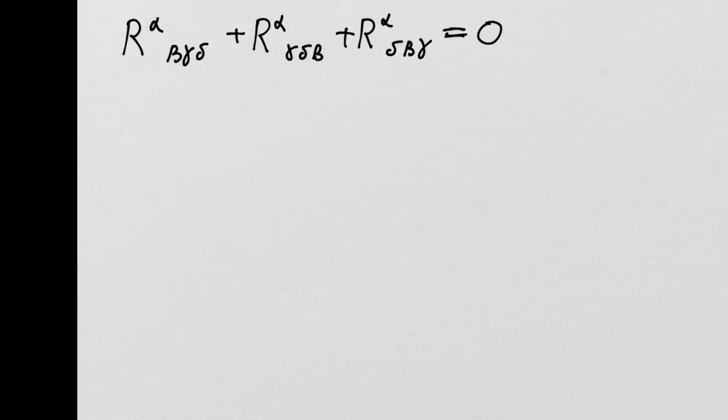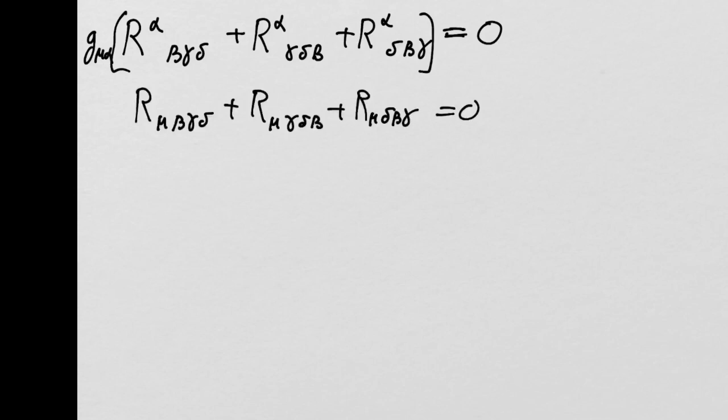And now we go to the front end of it, and I will lower that index by writing g, say, mu alpha to the whole thing. And then that will leave me with this expression, which is another way of writing R mu beta gamma delta equals 0.